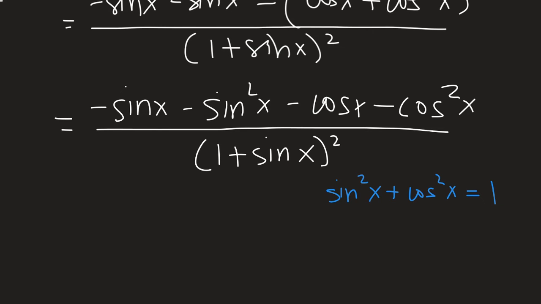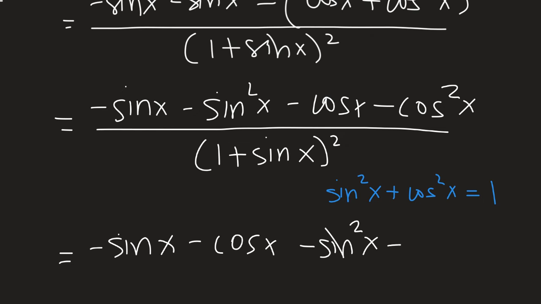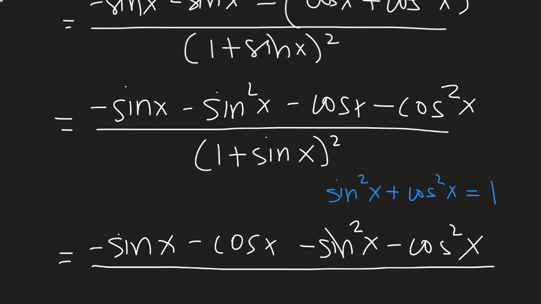If I could get something like that in my numerator, maybe we could do some replacing. So I'm just going to rearrange the furniture real quick here: minus sine x minus cosine x minus sine squared x minus cosine squared x. Now that looks an awful lot like my trig identity, only they're both being subtracted.